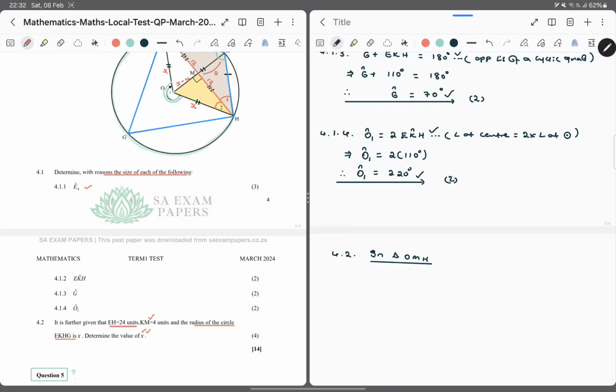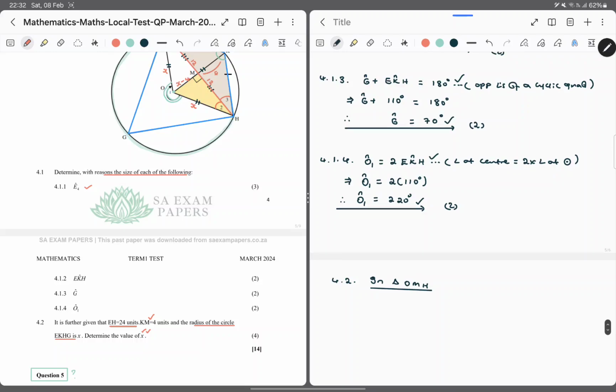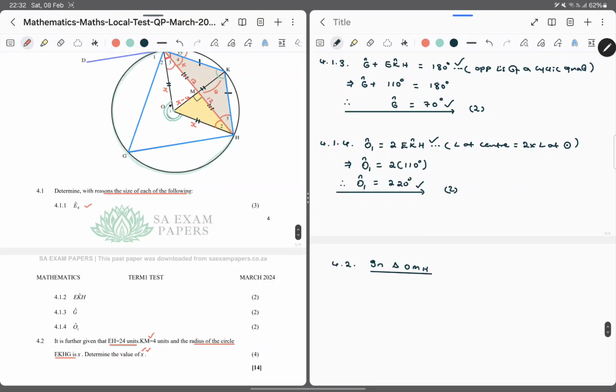Now, what are we going to say? We will say, number 1, OM plus MK is equal to OK. That's very obvious. That's the radius.